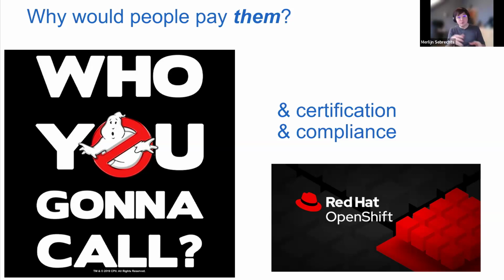And even though you can also use the same source code for free, companies still want these certifications, need to comply to certain specifications. And so that's why they go with the paid, commercial option instead of completely free open source.